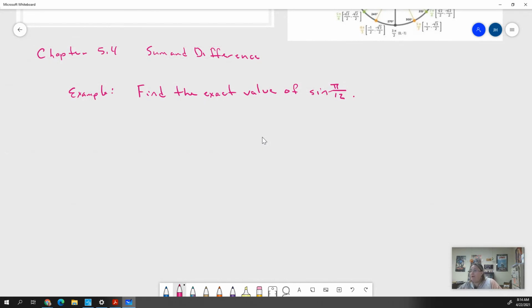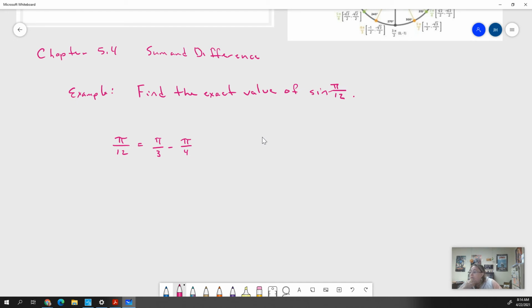If I look at pi over 12, I can break that down into pi over 3 minus pi over 4, right? Because if I think about this, I could go, well, 3 times 4 equals 12, right?